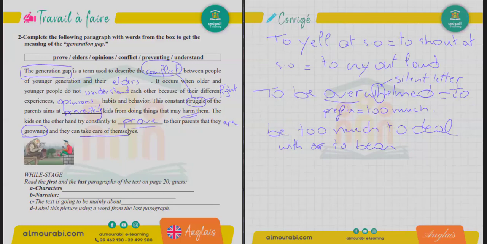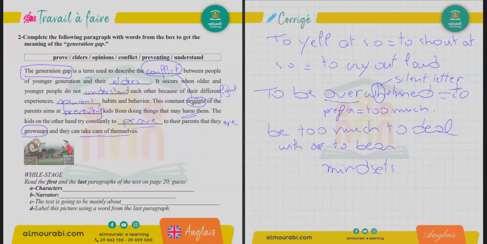To sum up, the idea of generation gap, which is at the heart of our lesson today, is that there is a conflict between parents and children, between younger generations as kids and older generations as parents, and that conflict is about different experiences. It's caused by different opinions, different habits, different ways of thinking, different mindsets. These different mindsets or lifestyles make that struggle, that conflict, that hidden fight.